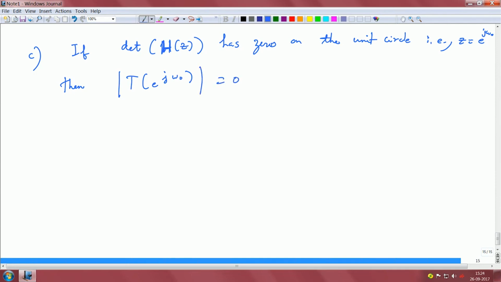If it has a 0 on the unit circle, then magnitude of this T(e^{j omega naught}) becomes 0, which means severe amplitude distortion around omega naught.